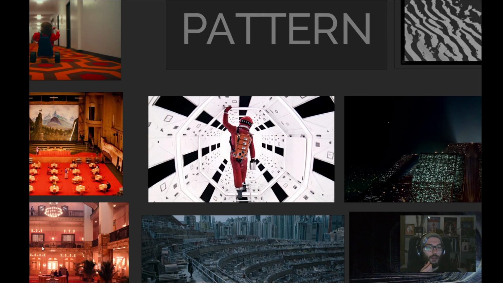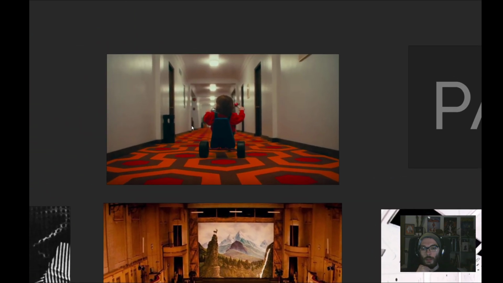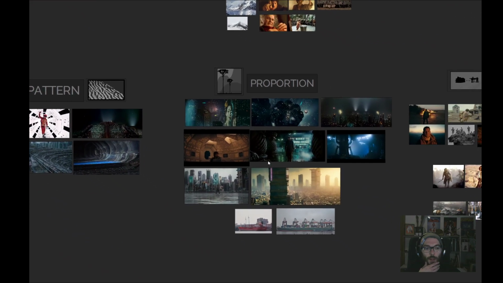It's just an amazing frame that your eye directly sticks to, and it's like, wow, what is happening here? Just an amazing one. Same here, Kubrick with his one-point perspective and the patterns. Such inspiring frames.